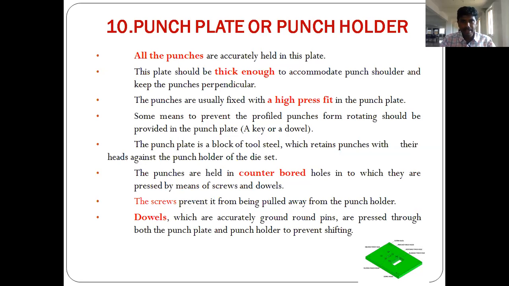It may be fitted with a press fit, or we can use keys or dowels with the punches to prevent rotation of the punches. Punches are held with the help of counter-bored holes in which the shoulders are fitted, and we also use screws and dowels here.